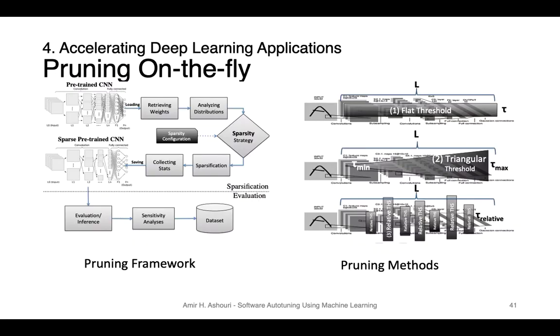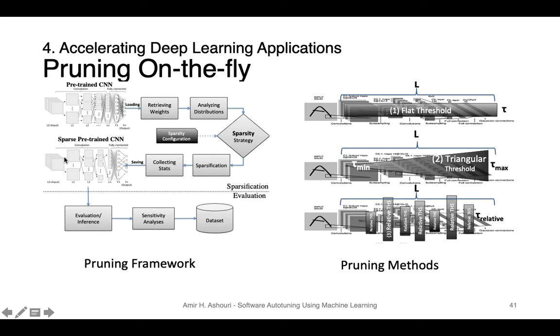So we implemented that window that I mentioned by several different threshold methods, depending on the geometric shape. We call them flat threshold, triangular threshold, and relative threshold. And we prune those models on the fly. So you input the dense model, our methodology brings us to a sparse model.